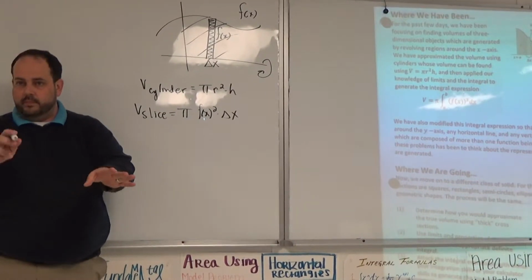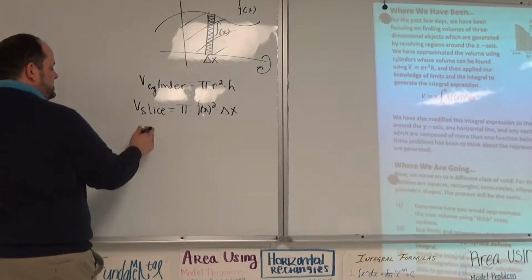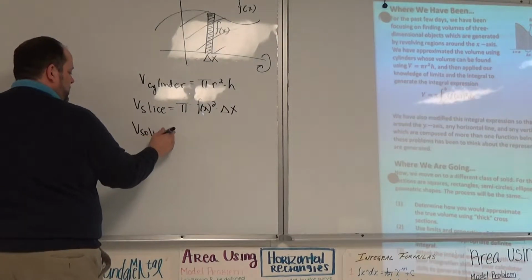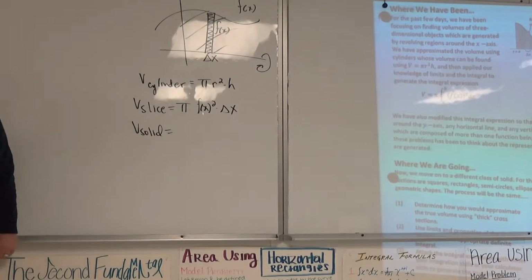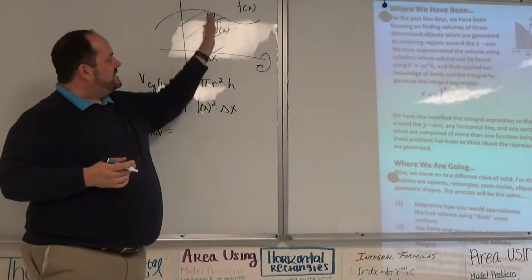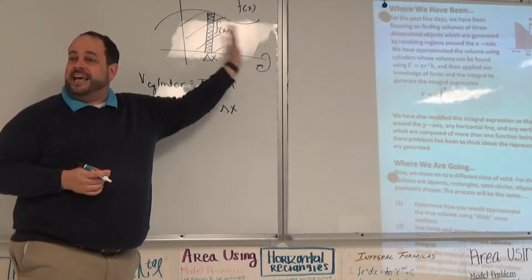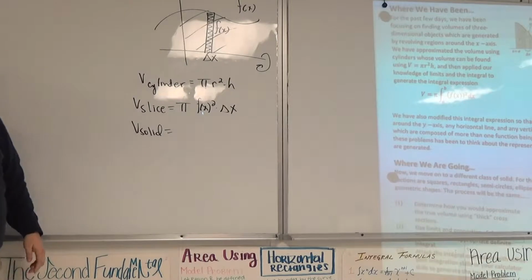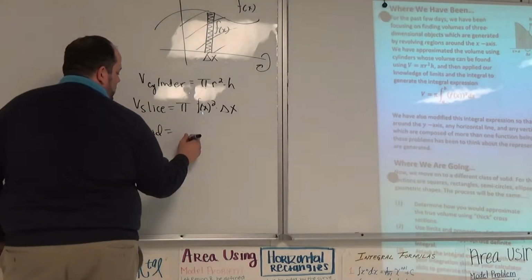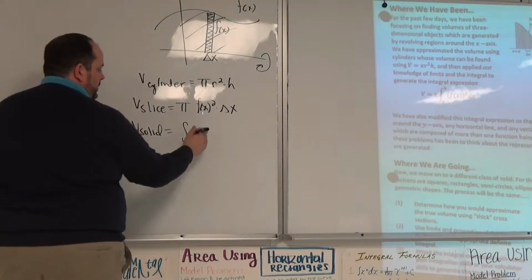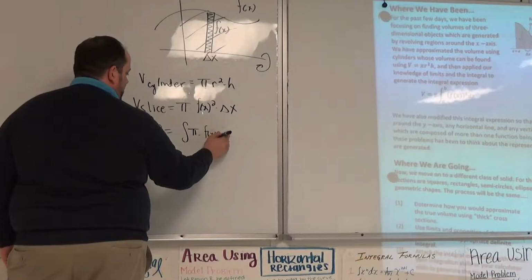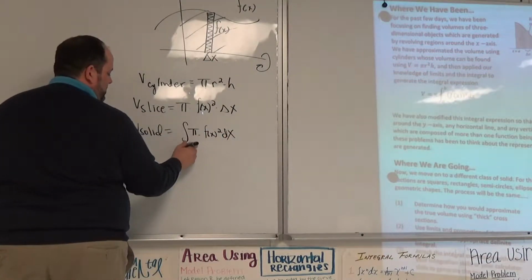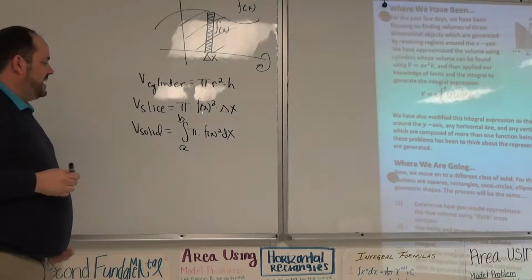Everybody okay? I don't want the volume of a slice though. What I want is the volume of a solid. I want to take all those slices, all the chops, and add them all up. Well, how do I do that in calculus? Pi times a definite integral. We wind up doing a definite integral from a to b of pi times f of x squared times dx.